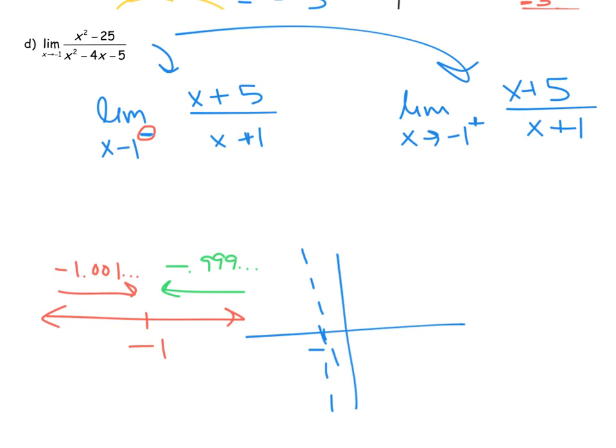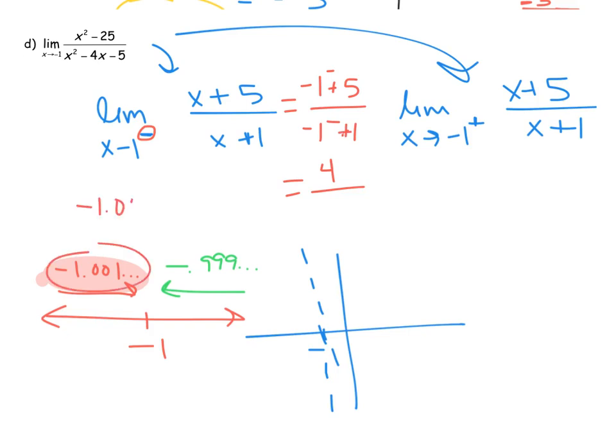From the left, I'll highlight that here in red, this is what we're checking. If I have -1 from the left plus 5, all over -1 from the left plus 1, the numerator is still going to be very close to 4. Now the denominator: -1.001 plus 1 is going to be close to 0, a negative 0.